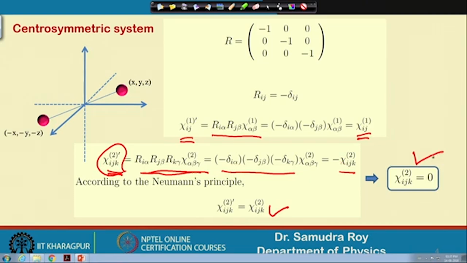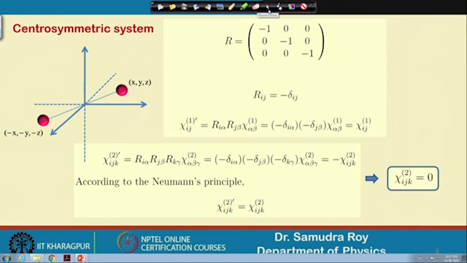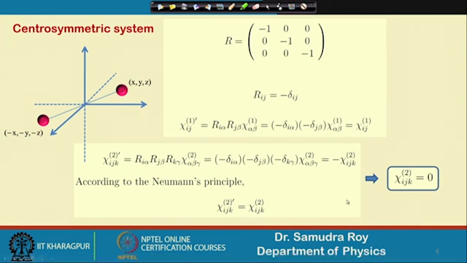So, the second order susceptibility has to be 0 to satisfy this particular symmetry operation according to Neumann's principle. Neumann's principle was also discussed in some previous classes of this course.